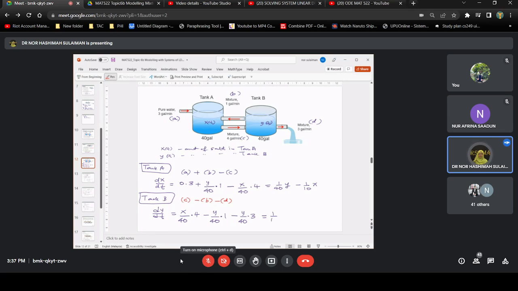We have 1 over 10 X and then can I combine these two? Yes, say this minus 1Y and minus 3Y over 40. So what will it be? Minus 4 per 40, right? Correct. Okay, so can we simplify? The final answer must be simplified. So this is 1 over 10 Y.